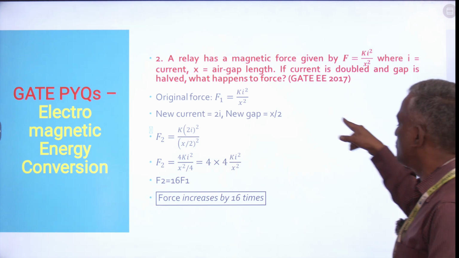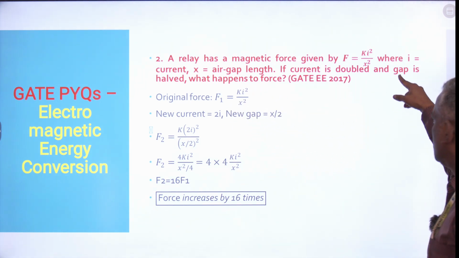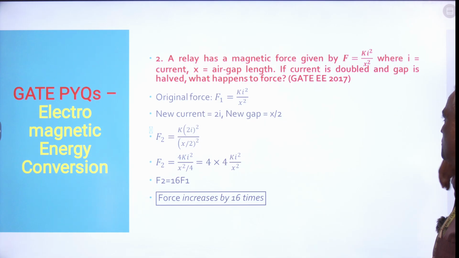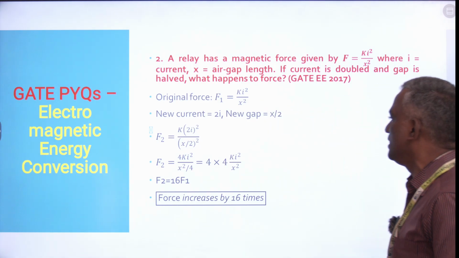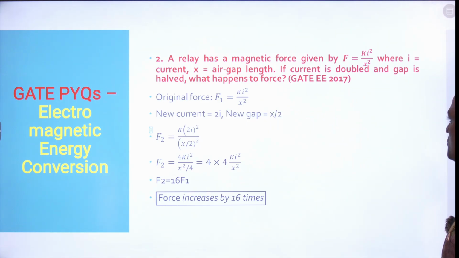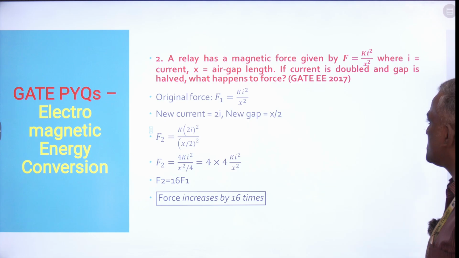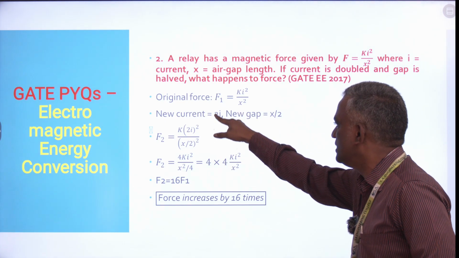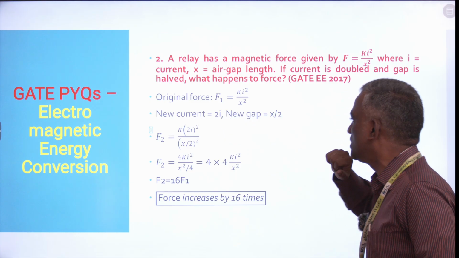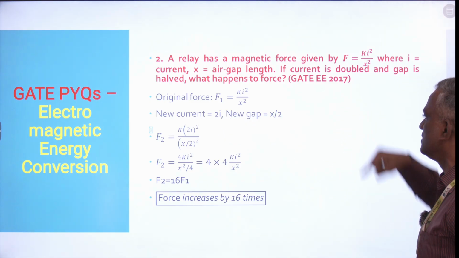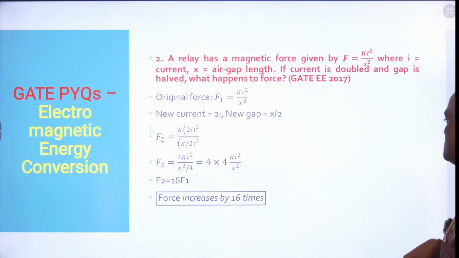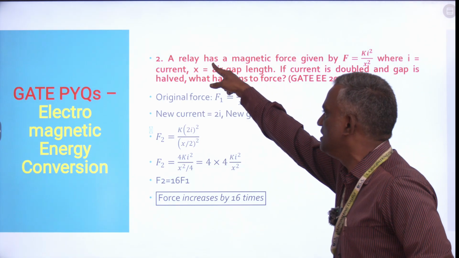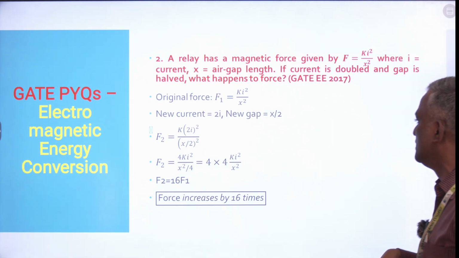The original force given in the problem is K into I square by X square. Here, what is the new current? Current has been doubled, so the new current is 2I. Then the gap is halved, meaning 1 by 2. The air gap has been defined as X, so it is X by 2.